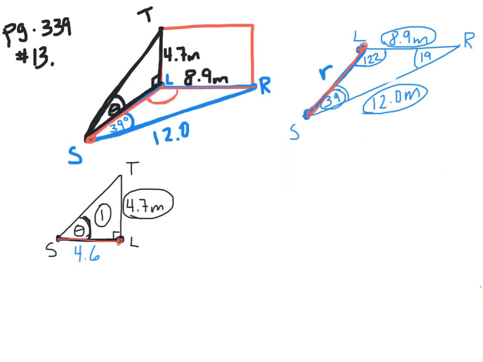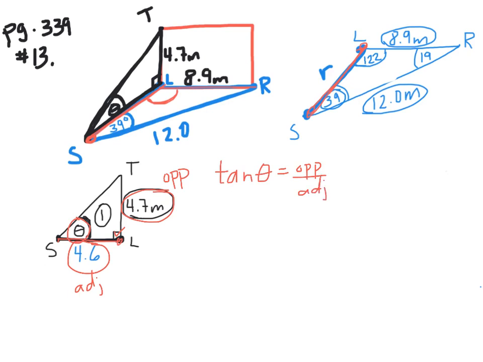Now I can figure out theta very easily because with this 90-degree triangle, I can use trig ratios. According to that angle, this 4.7 is the opposite side, and this 4.6 is the adjacent side. The only thing that relates opposite and adjacent is tan. So I know that tan theta is the opposite side over the adjacent side.